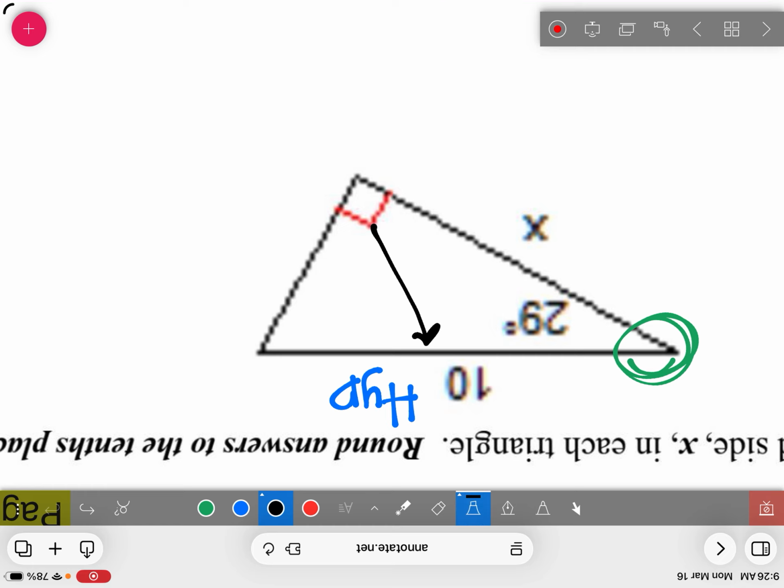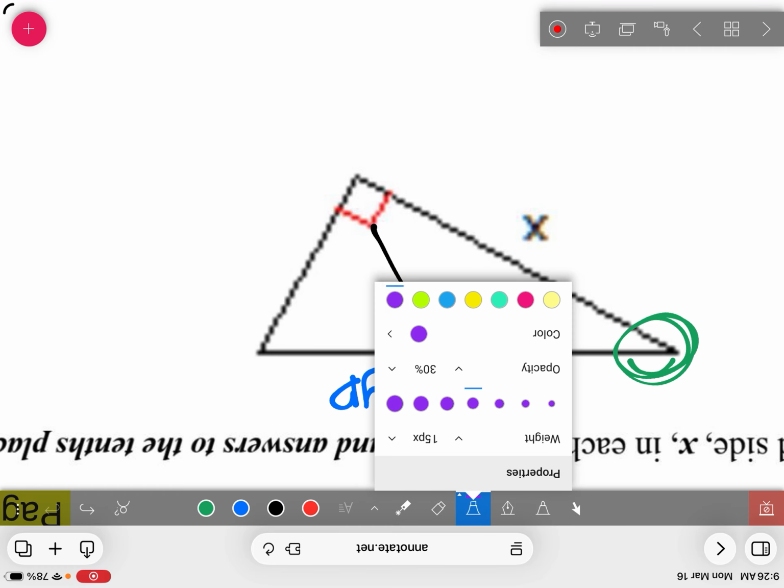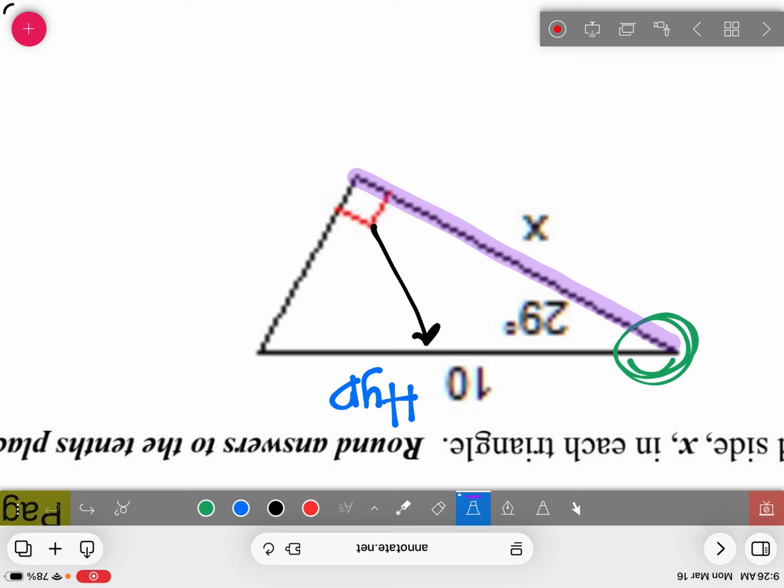I got 2 sides. I have this side and I have this side. I'm really just concerned with the side that has something on it, which is the purple side. I don't really care about this side because they didn't put anything here. But what is this purple side? Again, I'm driving on this purple road. Eventually, I'm going to run into that angle, which means this is adjacent.